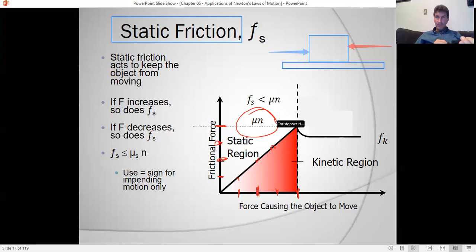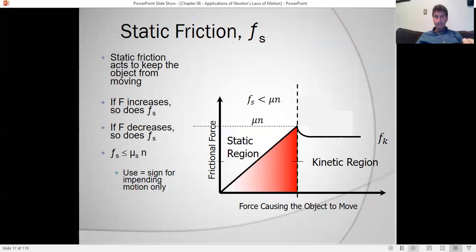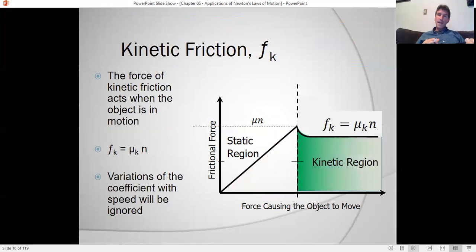And this limit is basically mu times N, the coefficient of friction times the normal force. Okay? Once I exceed that, this box is going to start in motion, and friction's still going to be there, but instead of being in the static region where the box isn't moving, I'll be in the kinetic region. What happens then?